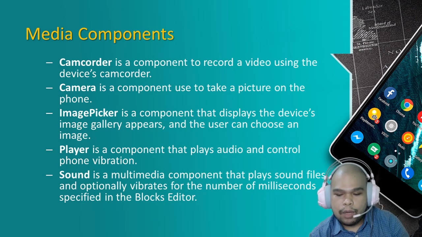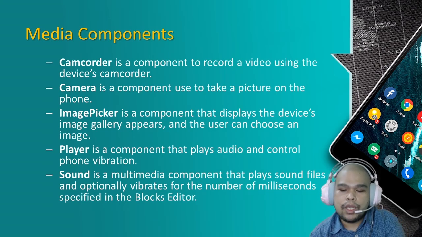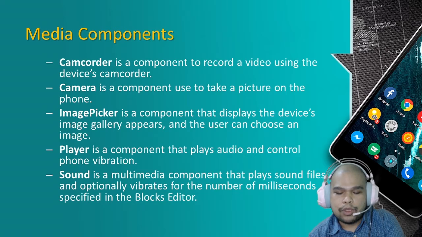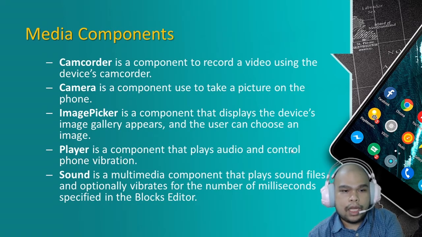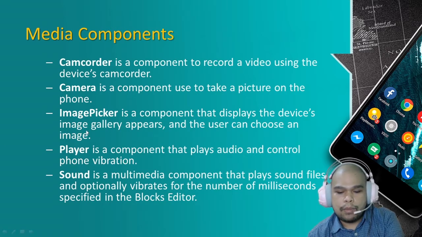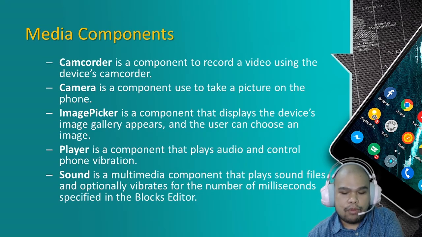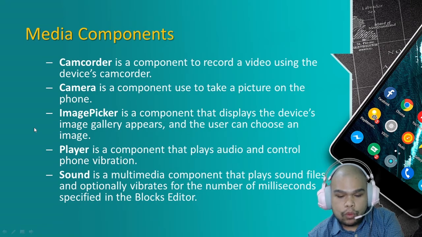Then the regular camera is the camera you'll use for capturing an image. The image picker is like your photos or gallery. It will display the photos you have within that mobile application or on your mobile phone, all the images that are there.